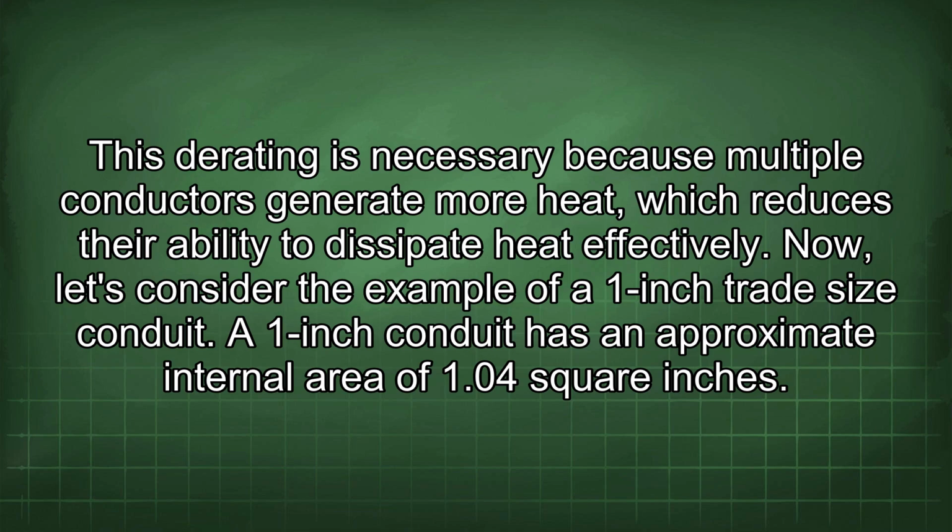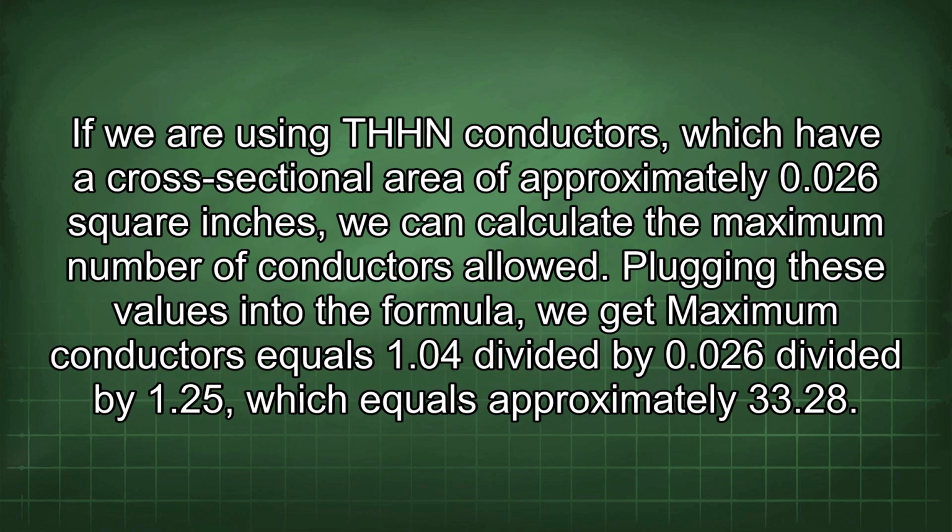A 1-inch conduit has an approximate internal area of 1.4 square inches. If we are using THHN conductors, which have a cross-sectional area of approximately 0.26 square inches, we can calculate the maximum number of conductors allowed.